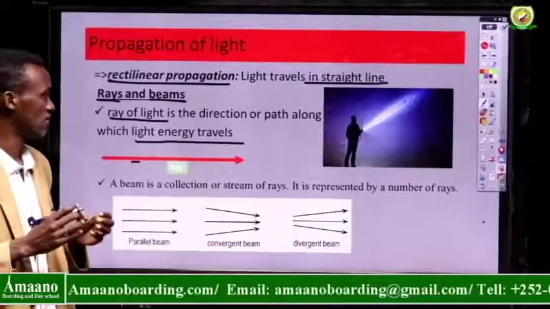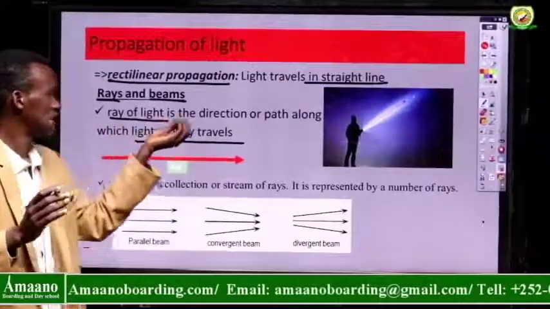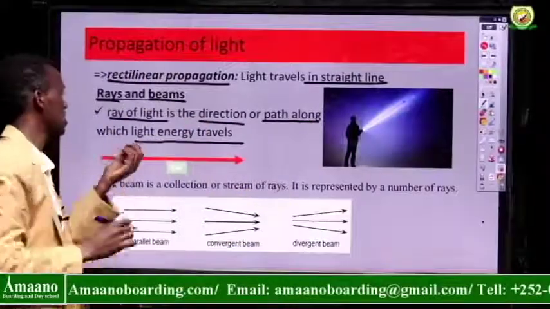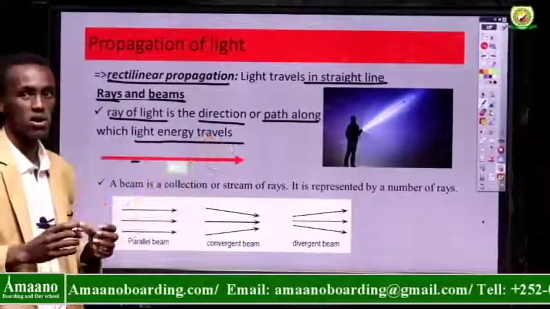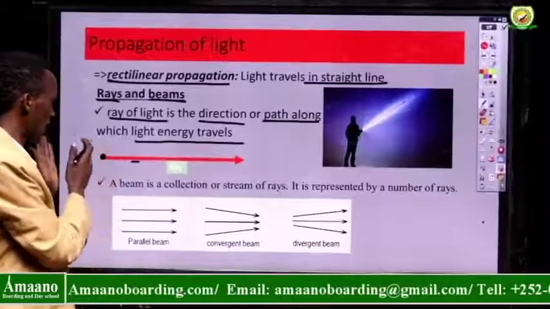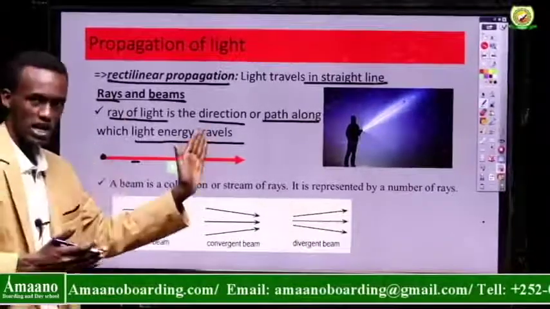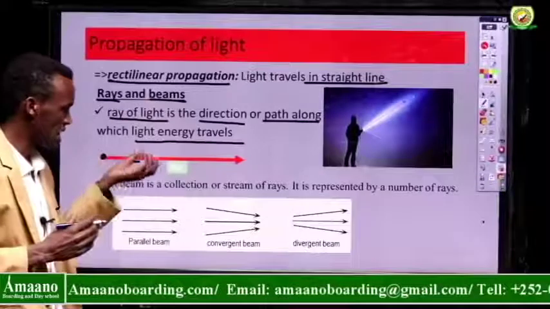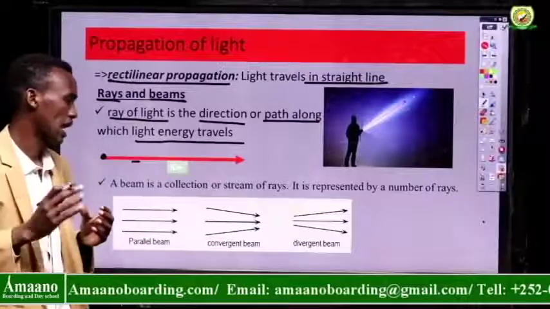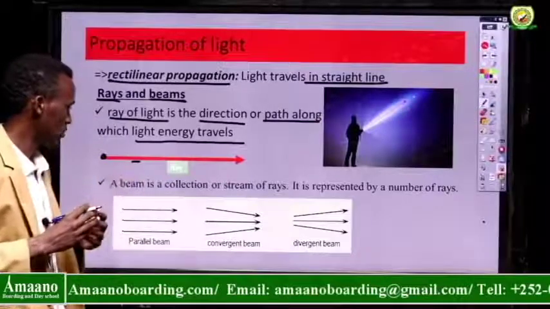For example, light from left to right we take as a ray or arrow. This arrow represents light.